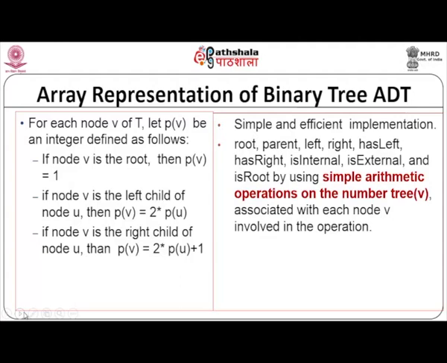If U is occupying 3, the left child of U will occupy 6, and the right child will occupy one position after that. So, if U is 2, the right child of U will occupy 5, if U is 3, the right child will occupy 7. So, that is 2 into 3 plus 1. Simple and efficient implementation.